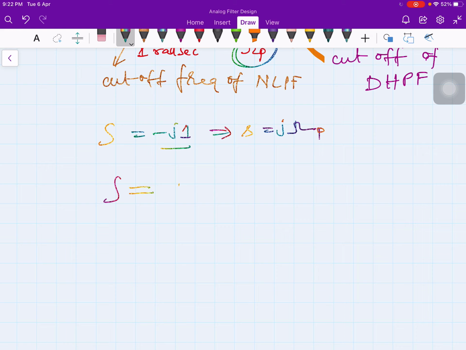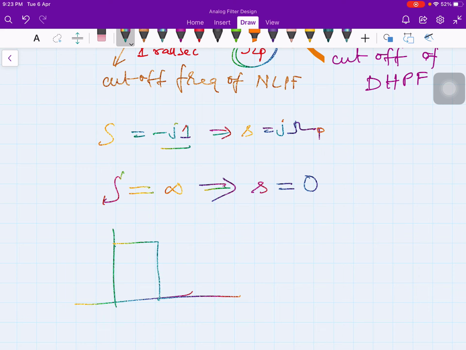When capital S equal to infinity, then this transforms to small s equal to how much? 0. Wonderful, right? You have the low pass filter like this. This is 1 radian and this is infinity, frequency is infinity, and here the magnitude is 0. So this is my normalized low pass filter, and here the magnitude is 1.